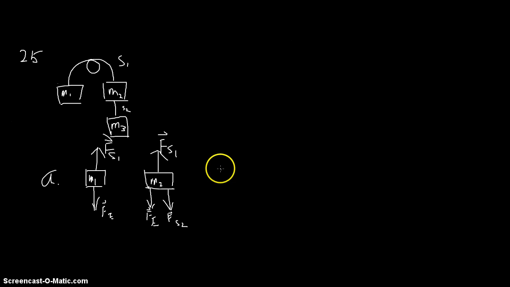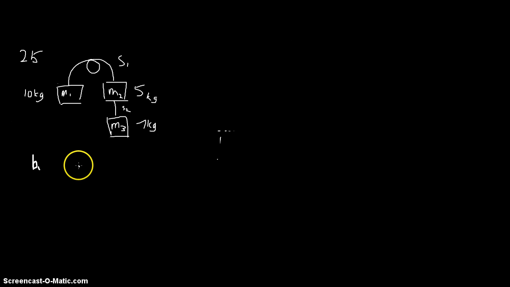And then you have mass 3, which has a force upwards from string 2, as seen here, F of S2, and then the force downwards from Earth. Right now these aren't what they're supposed to be yet. For example, this length should be a lot longer, and these should be a bit shorter.